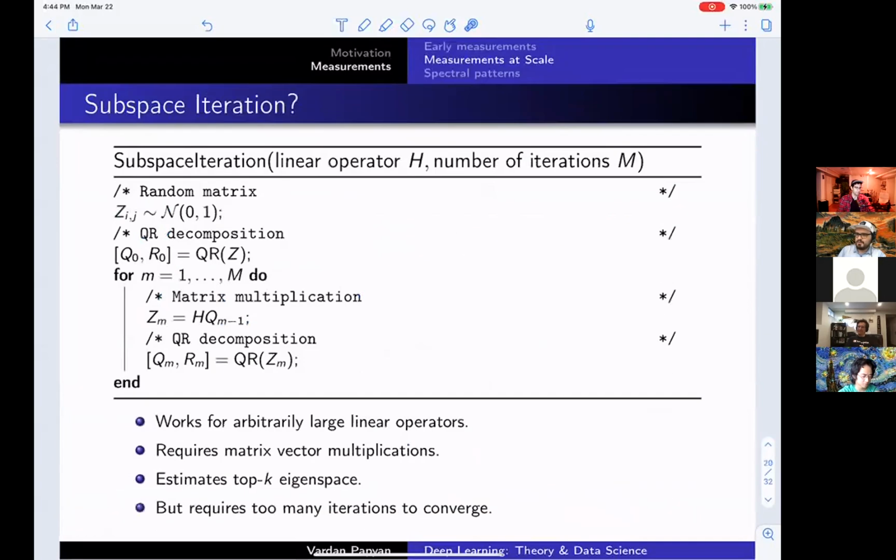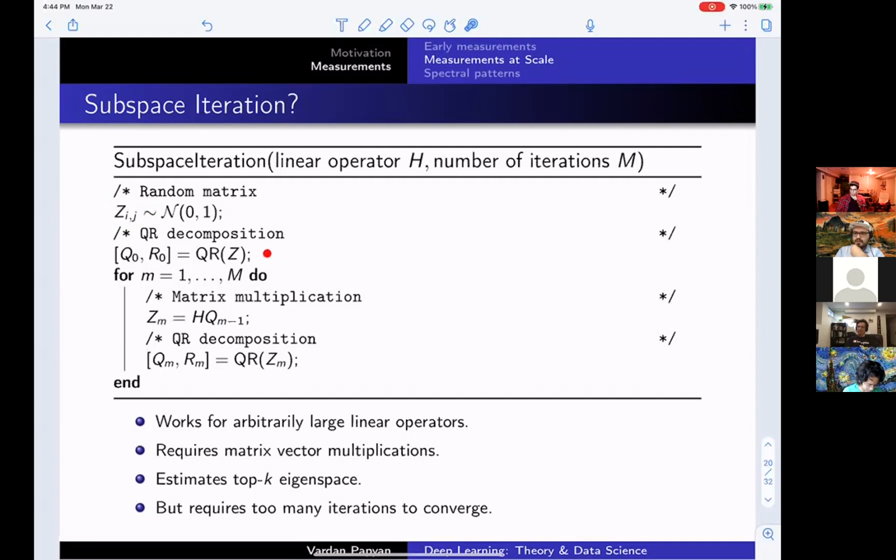So the next thing you might do is called subspace iteration. Subspace iteration is a generalization of the power method for a subspace of k eigenvalues. So it's basically trying to find the top k eigenvalues. The way it works is as follows. You start with a matrix Z, which is just some random noise.